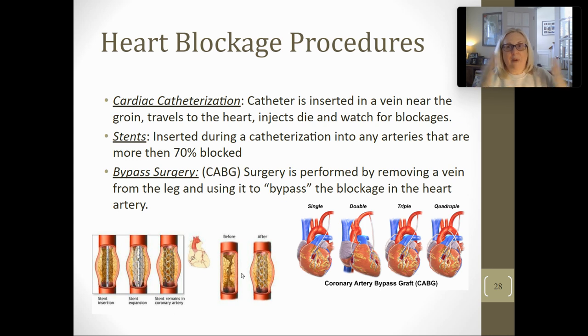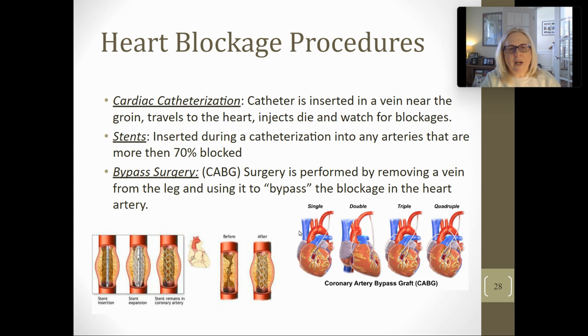So just like a highway, like when you go up to Philly, you can take 95 through Wilmington, and you usually run into traffic at certain times of day. But if you want to go around the traffic, you take a bypass highway. So what we're doing is basically making a new highway for the blood to travel. You can see there's single, double, triple, quadruple.